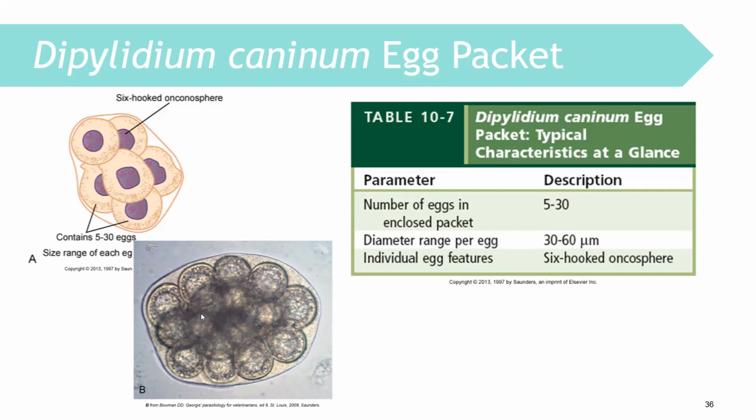These packets may contain 5 to 30 eggs, and there is a 6-hook oncosphere on the egg of Diphyllidium caninum.